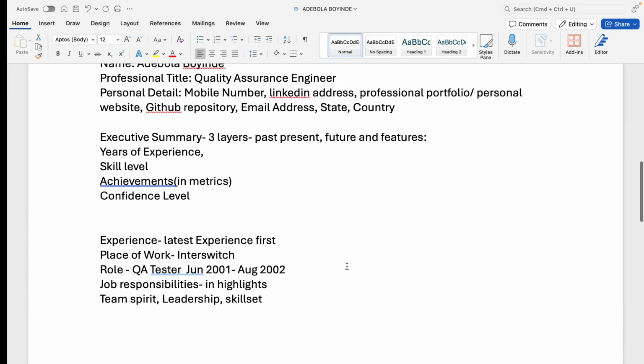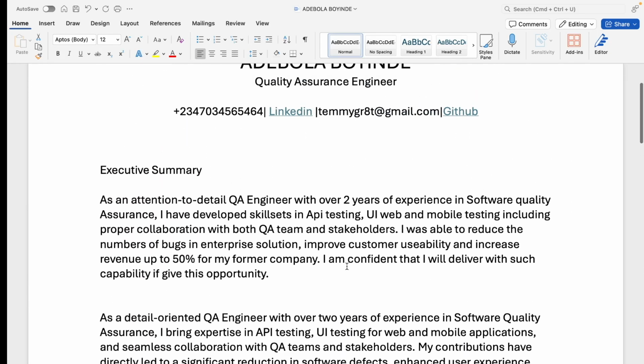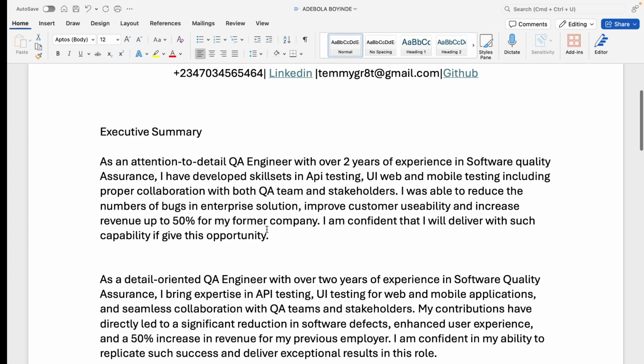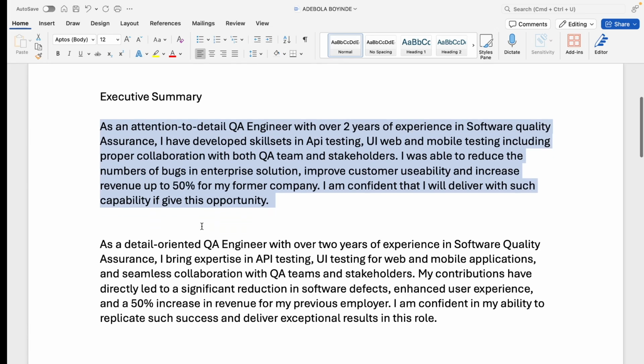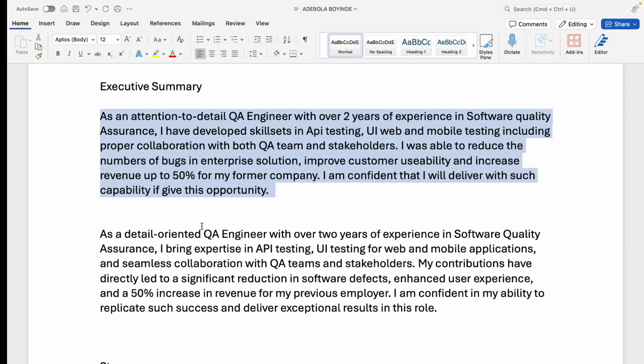In the first class, we explained how you write your executive summary. We compared this executive summary, which we wrote in class, to when you ask ChatGPT to refine your executive summary, if you recall, right? And we were able to come up with this.